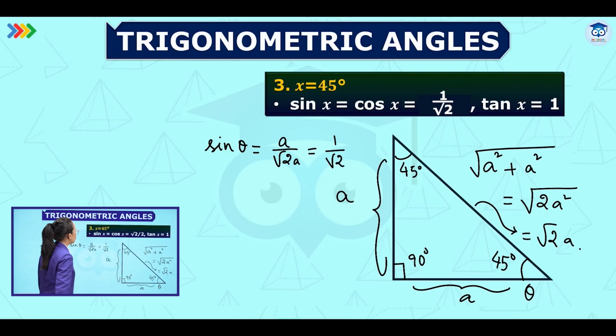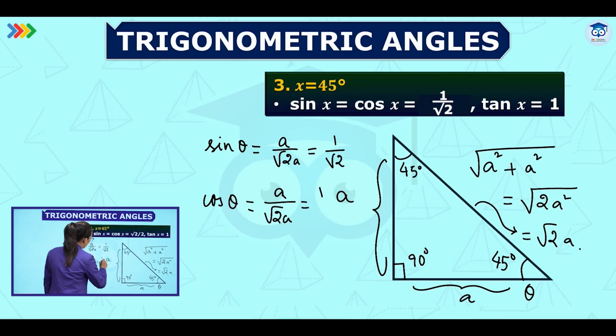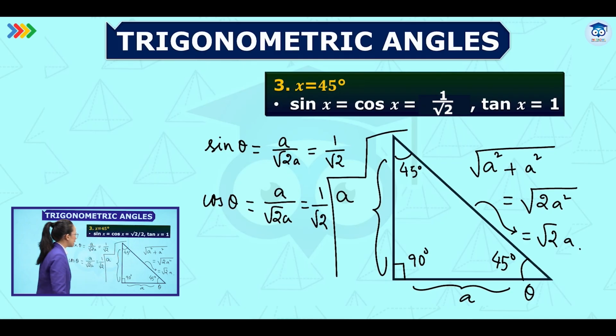Therefore, in general, we can write sine x is 1 upon root 2. Similarly, we can define cos theta, that is again base upon hypotenuse. Base and opposite are same, so this will stay as 1 upon root 2. So the value of cos theta and sine theta at this particular angle, when theta is equal to 45, are the same.